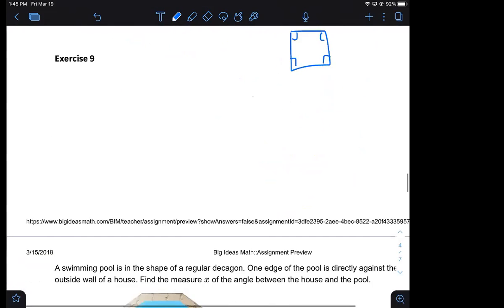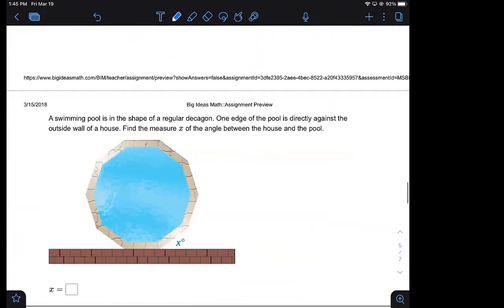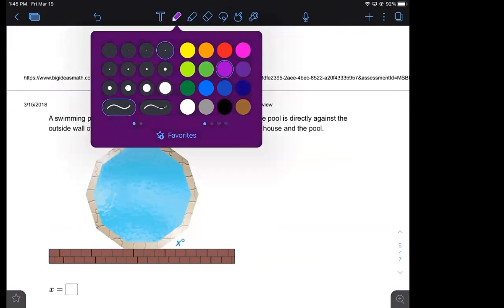We're flying. Number 9, a swimming pool is in the shape of a regular decagon. How many sides does a decagon have? 10? Okay. But it says it's regular, so we're going to have to use that word because it's going to help us with this problem. One edge of the pool is directly against the outside wall of the house. You can see that angle that's being formed. They're calling that angle x.